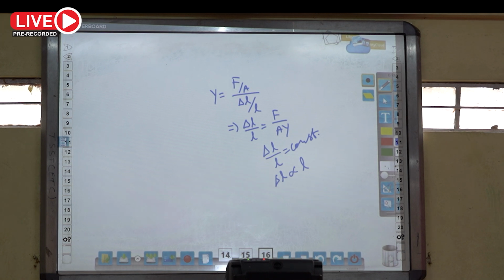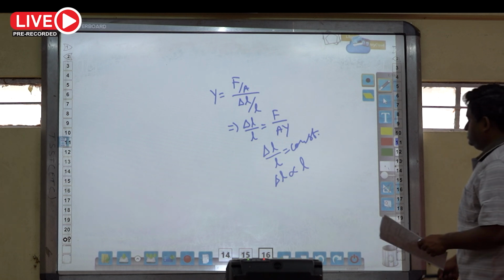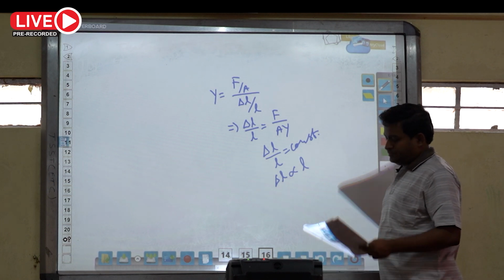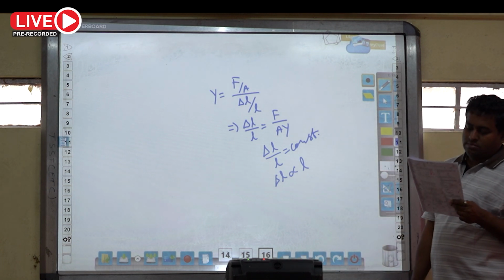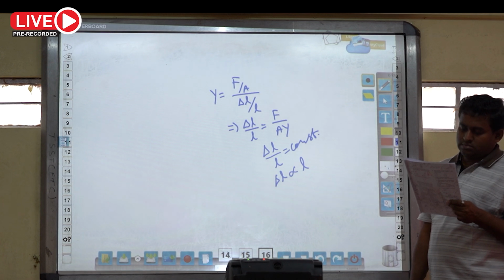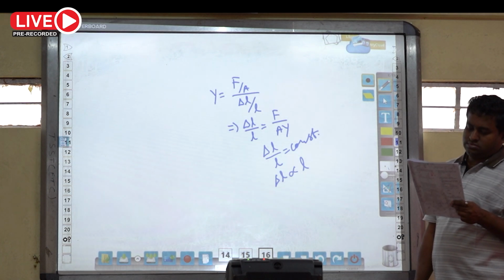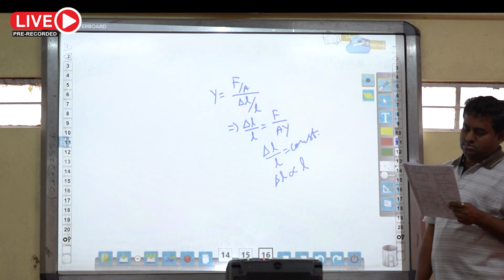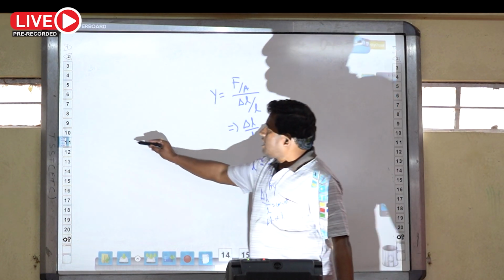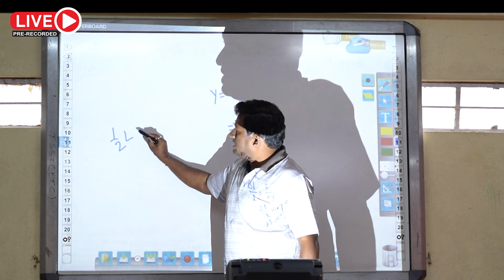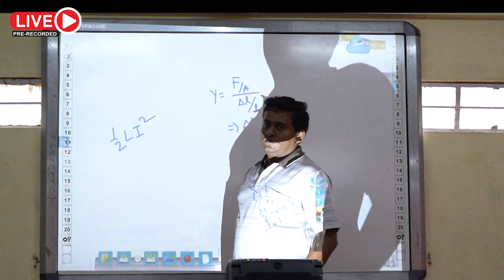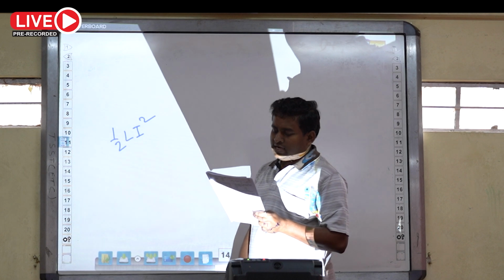In the given circuit, the energy stored in 5 millihenry inductor in steady state will be. See, half L I square will give you the energy stored.